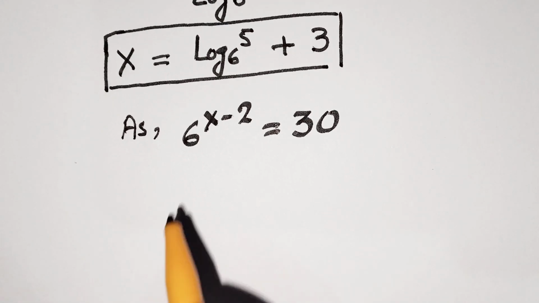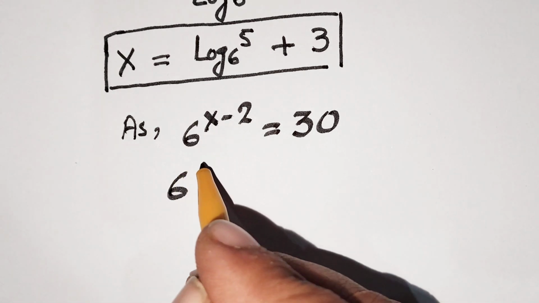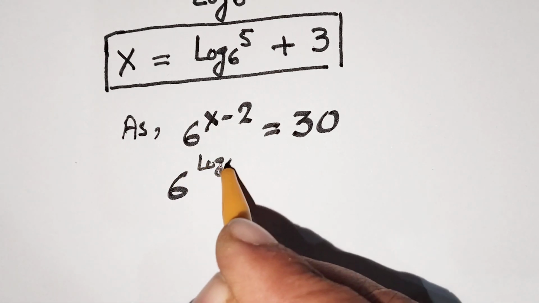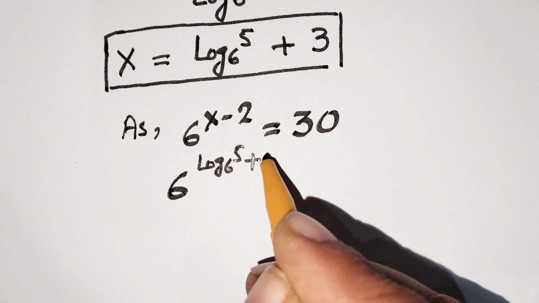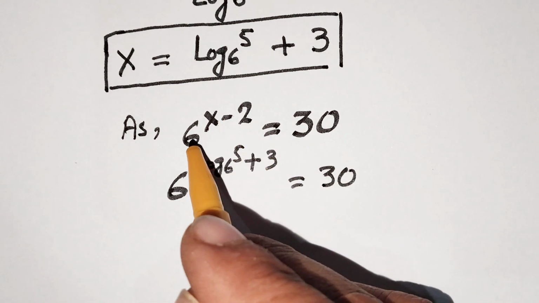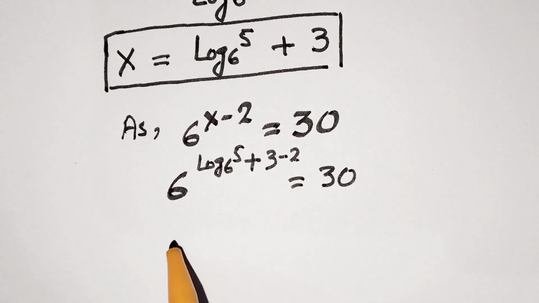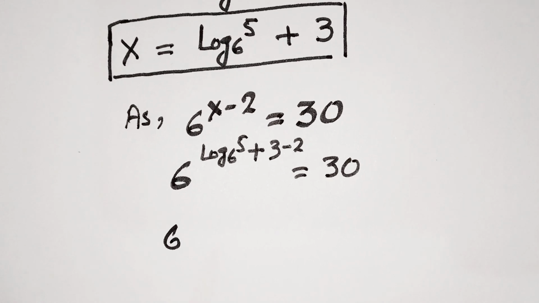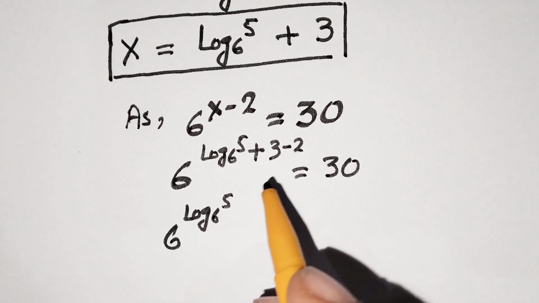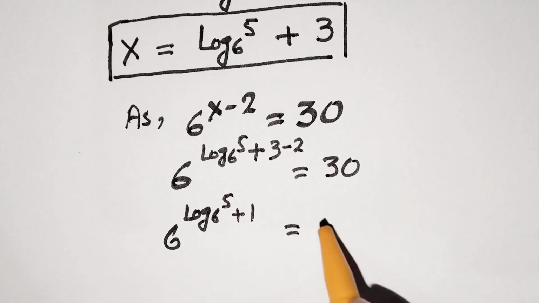Putting the value of x, which is log base 6 of 5 plus 3, and there is also minus 2, we get log base 6 of 5 plus 3 minus 2, which is plus 1, as the exponent of 6, equal to 30.